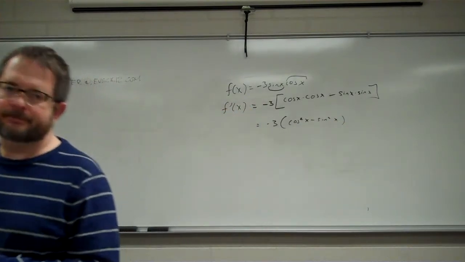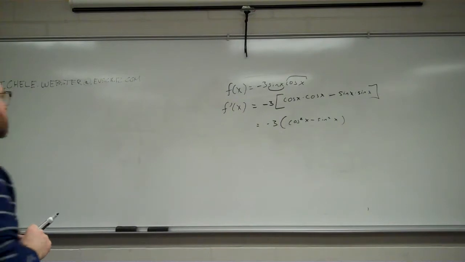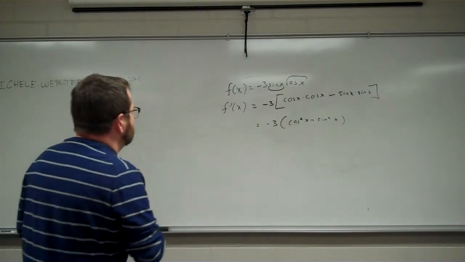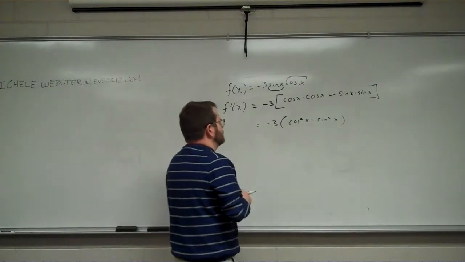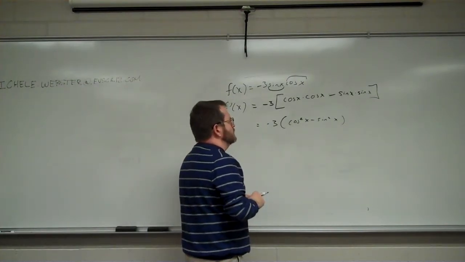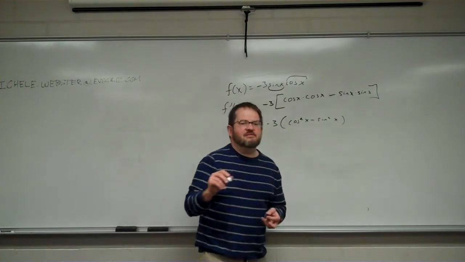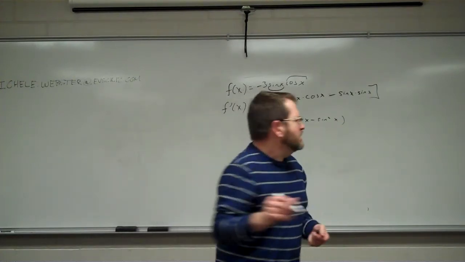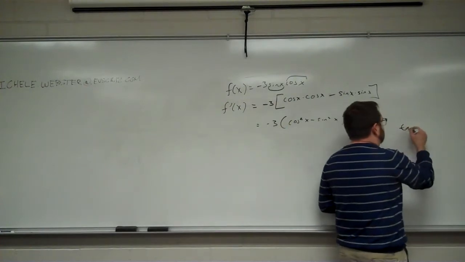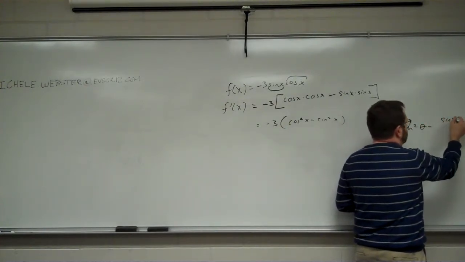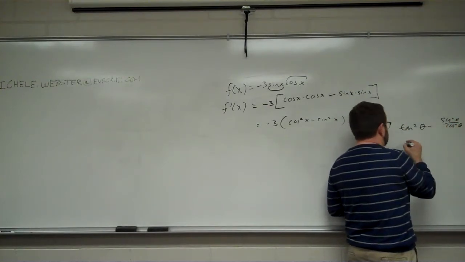Wouldn't that just be tangent squared, or could we pull something out and make that tangent squared? How does that become tangent squared? Cosine squared minus sine squared, I thought. Not that I can think of. I mean, trig has all kinds of miracles in it. Tangent squared of theta is sine squared of theta over cosine squared of theta. I'm trying to think of some sort of property.